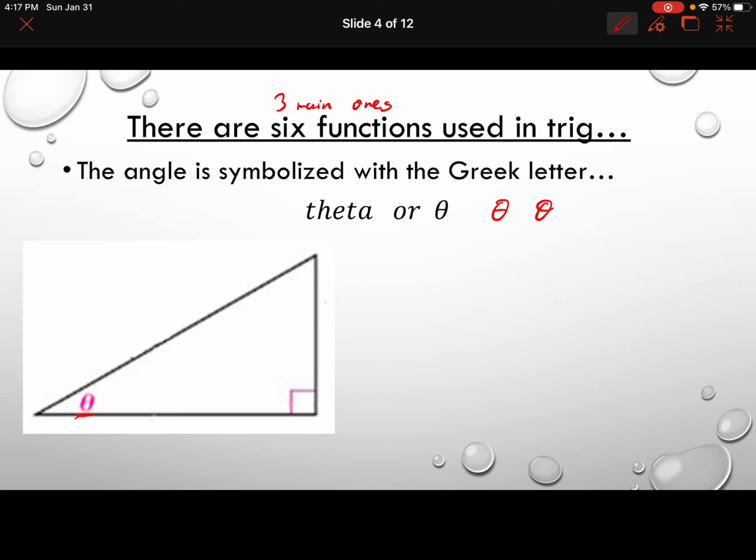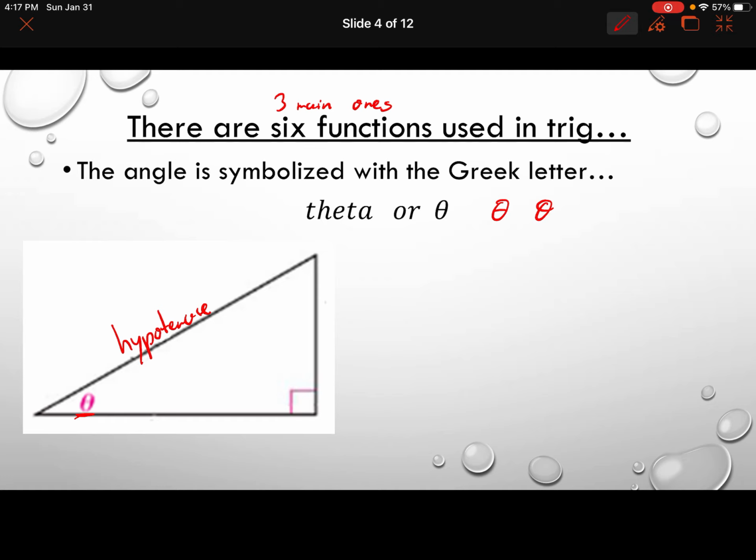The easiest side to always label, because it never changes, is the longest side of the right triangle, because the longest side is always going to be that side regardless of which angle you're looking at. So in this case, this is the longest side, and it is called the hypotenuse.